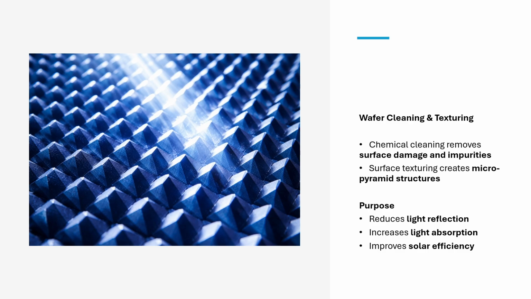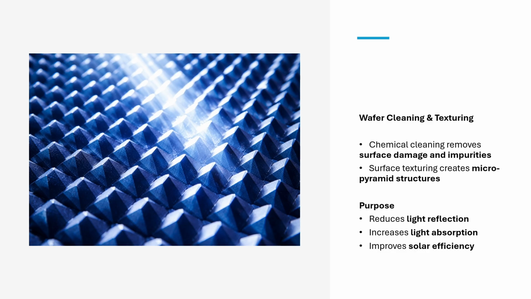Why do they use texturing? It reduces light reflection, gives better efficiency, and increases light absorption. In a later video I will explain this in the cell process. The first step in the cell process is texturing.